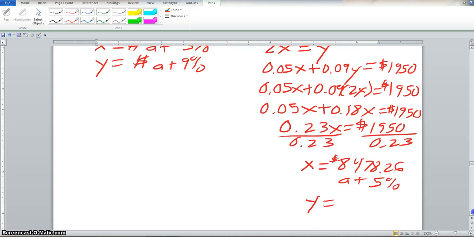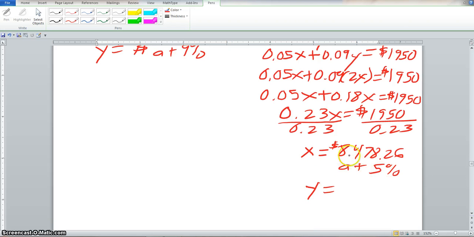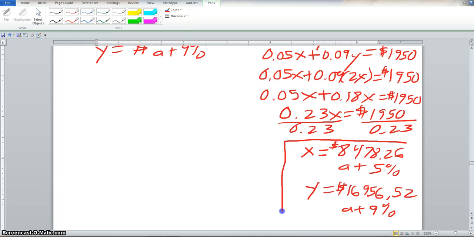So what you will have to do is this here, since the 5% account has $8,478.26 in it, then you need to double that, and that will give you how much you will have at the 9% account, which would be $16,956.52, and that will be at 9%. And this here is your step 4 and your final answer.